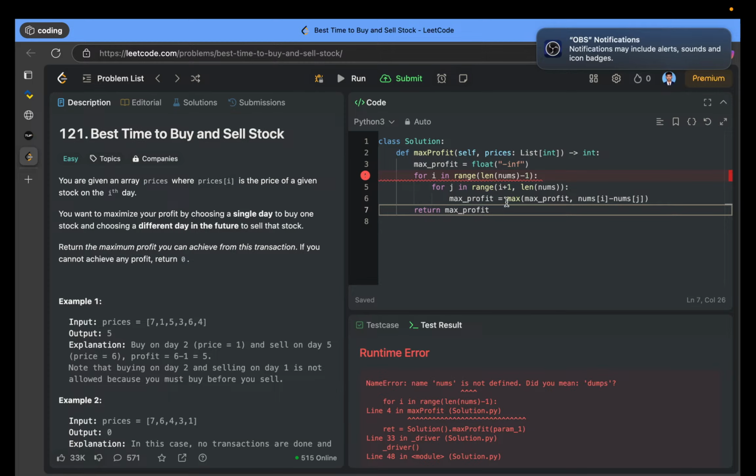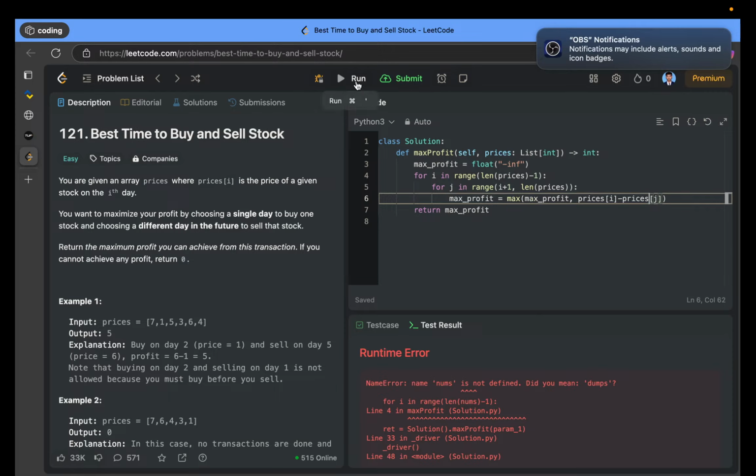Why? Runtime error. Okay, let's see. Name nums is not defined. Oh, bro. It's prices. Copy, paste, paste, paste. Now let's see.